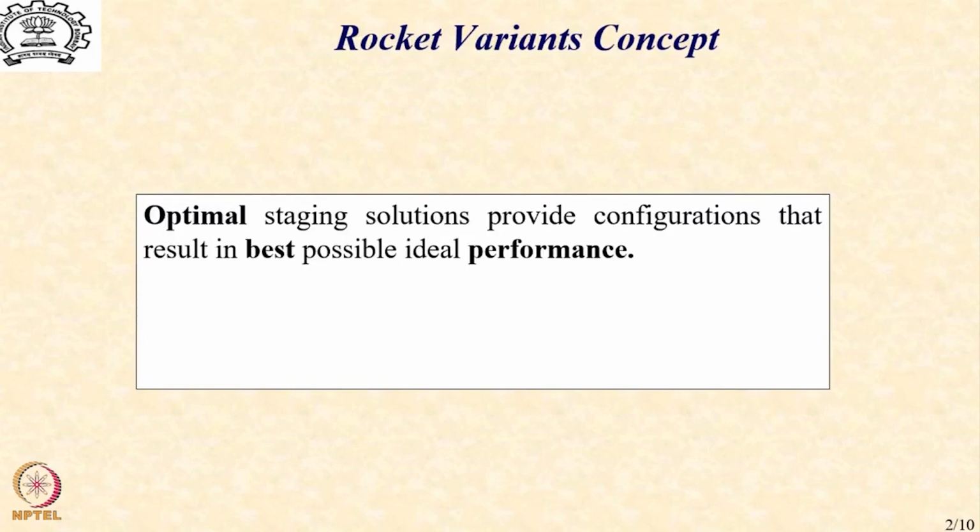So in the context of rocket design, the optimal staging solutions that we have seen in the last couple of lectures provide us with a configuration which is going to give the best possible performance in the context in which it has been configured.